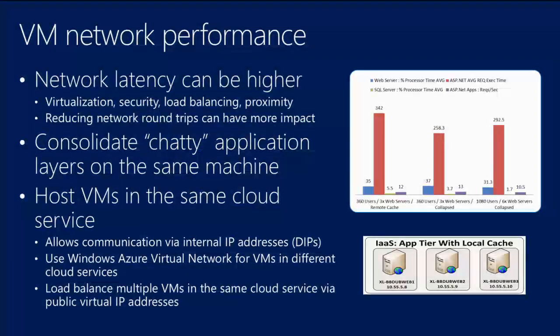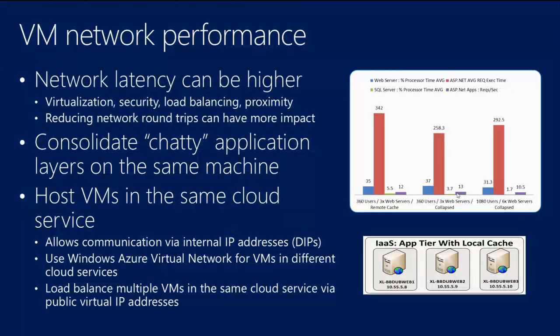I think in this example, we had a remote cache. In other words, we had kind of an extra layer, and then we just collapsed it to have basically 3 web servers and the cache on the same machine.